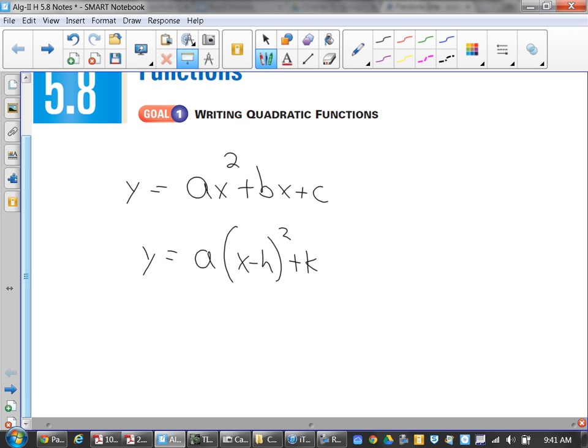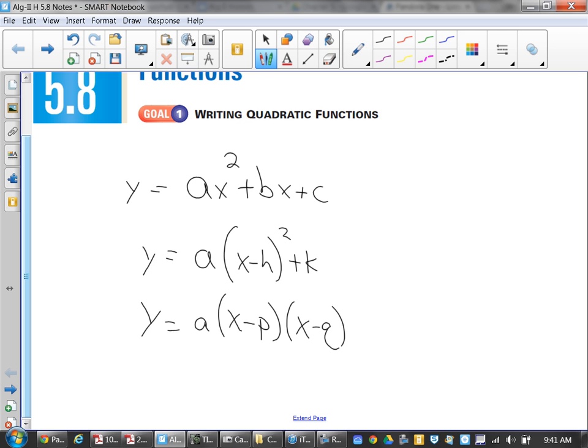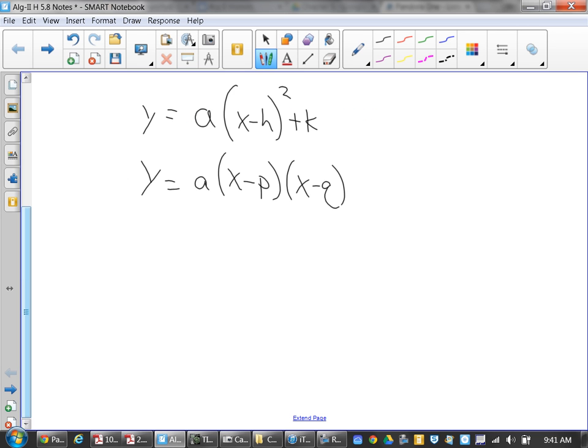Intercept form was a times x minus p times x minus q, where p and q were your x-intercepts.